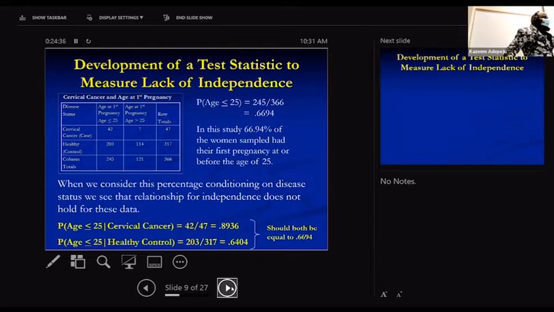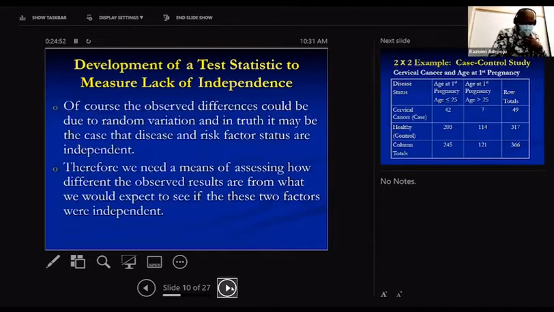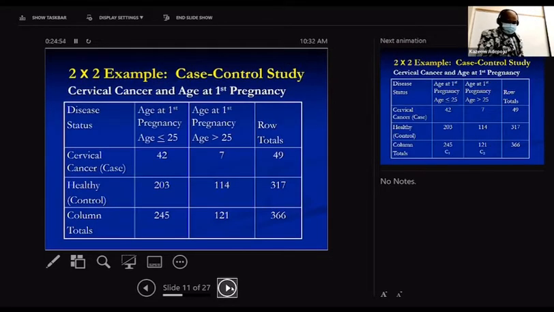Right now, you know what the mathematics is telling me? A relationship exists, but we don't know whether it is significant or not. Then we now need to go statistical. But this is the first step. Now, going statistical, this is what we're going to do. We have the observed 42, 7, 203, 114.